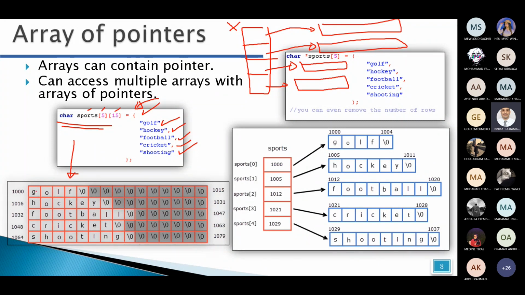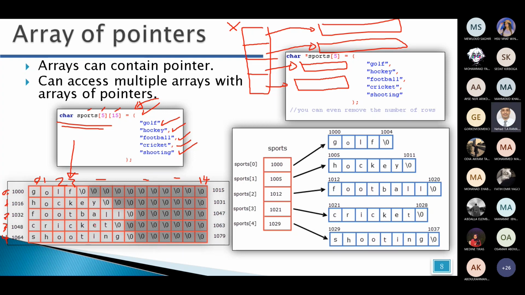So in the memory, you can imagine it like this. We have 5 rows, 1, 2, 3, 4, 5, and 15 columns, from index 0, 1, 2, 3 until index 14, and rows from index 0, 1, 2, 3, 4.